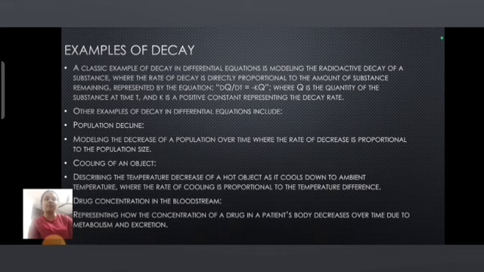Other examples of decay include population decline, modeling the decrease of a population over time where the rate of decrease is proportional to the population size; cooling of an object, describing the temperature decrease of a hot object as it cools down to ambient temperature, where the rate of cooling is proportional to the temperature difference; and drug concentration in the bloodstream, representing how the concentration of a drug in a patient's body decreases over time due to metabolism and excretion.